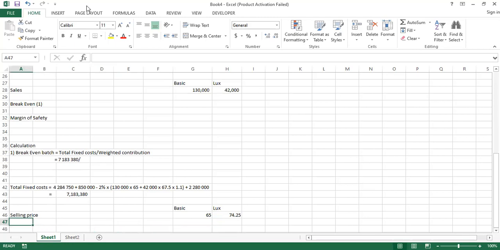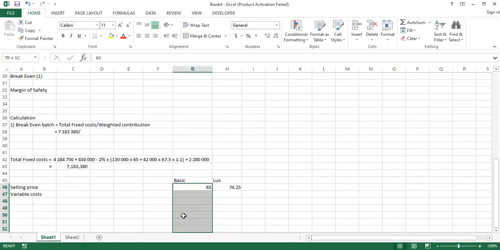Right. So this is selling price minus our variable costs. So you want this per unit, of course. We are dealing with this per unit because we want selling price per unit. So I just don't know how much space we need here, but it's fine. We will work it out.